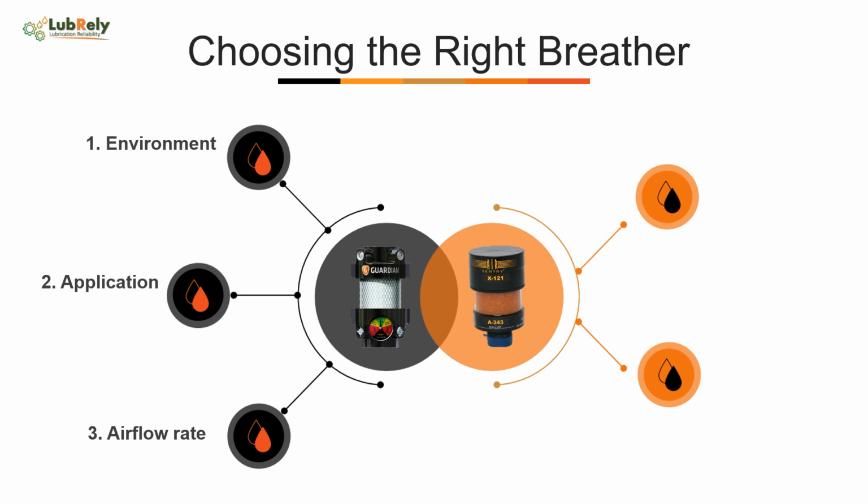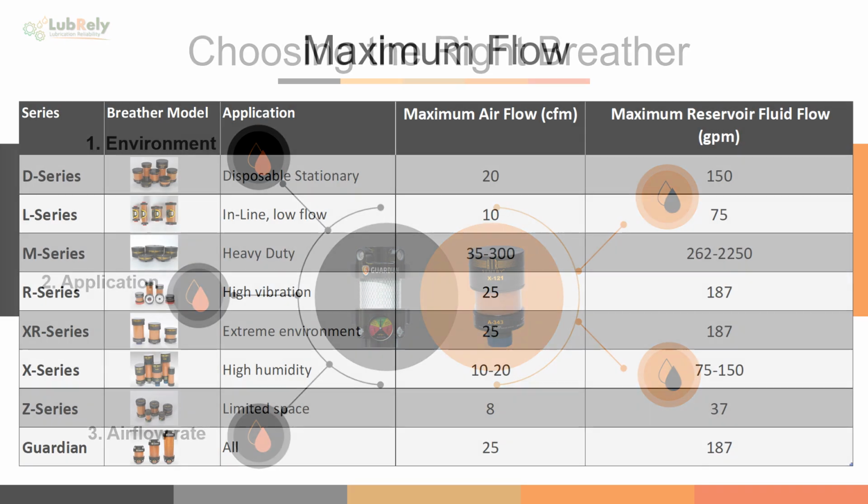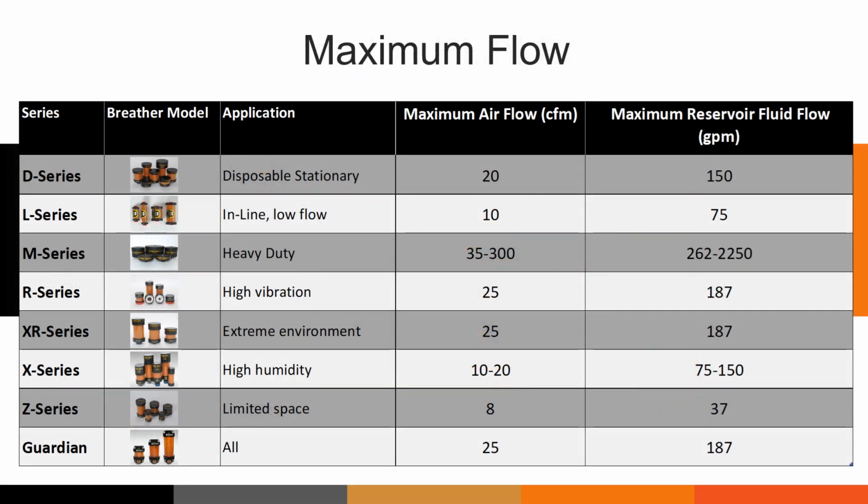The breather size is always determined by the maximum fluid movement in and out of the fluid reservoir. Always choose a breather with a higher CFM capacity than the CFM requirement of the tank or reservoir. CFM means cubic feet per minute. Not all equipment may specify a cubic feet per minute value, for example gearboxes.